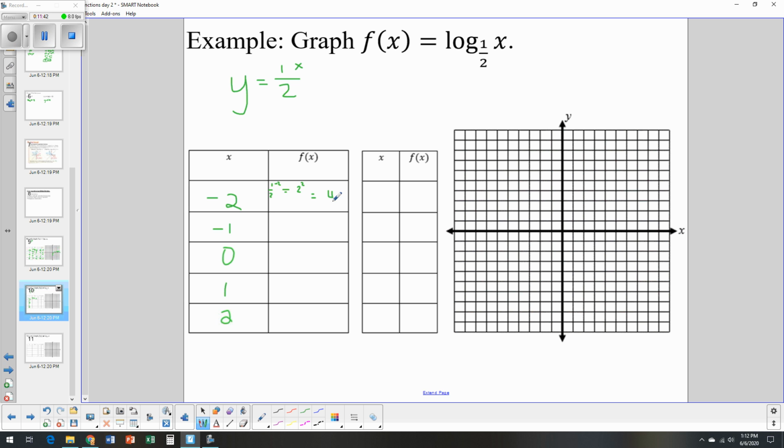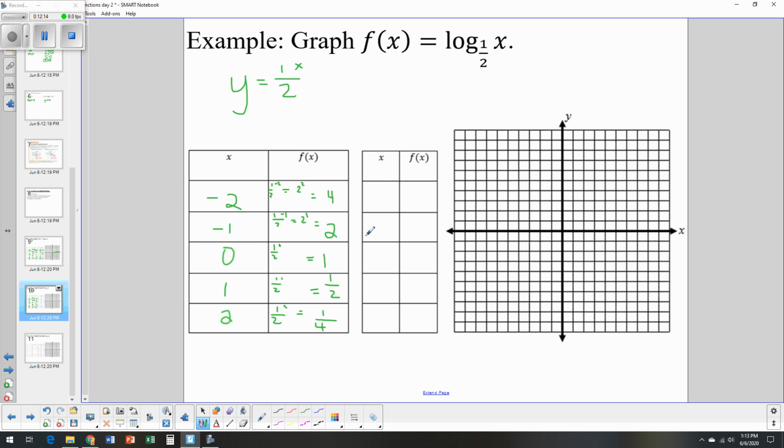So that's 4. 1/2 to the negative 1 is really like 2 to the positive 1. So that's 2. Anything to the 0 power is 1. 1/2 to the first power is 1/2. And 1/2 squared is 1 squared over 2 squared, or 1/4.